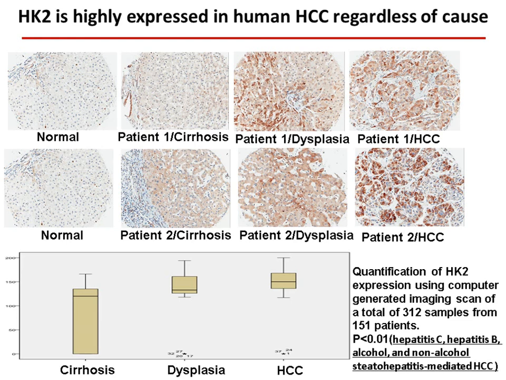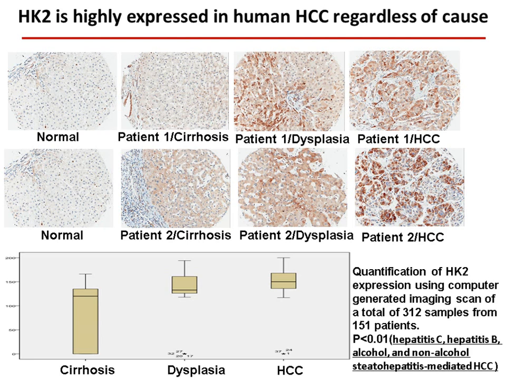And we analyzed tissue microarray from patients with HCC, hepatocellular carcinoma, and we found high level of Hexokinase 2, which is correlated with the progression of the disease.